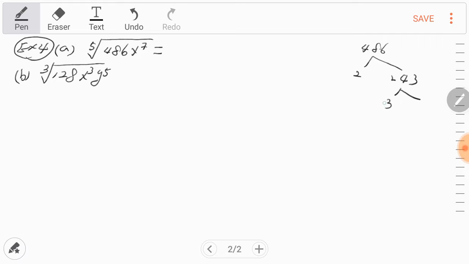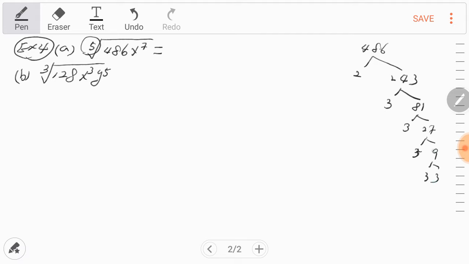So let's divide this by 3. Then 3 times what is 243? 81. And 81 is 3 times 27. 27 is 3 times 9. 9 is 3 times 3. So in this case, since the index is 5, we will try to make something to the fifth power.